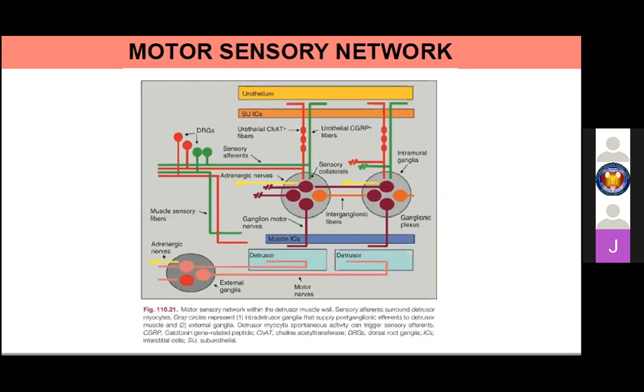The green and the red lines are the afferent signals, which get the afferent signal and transport it to the main area, the lower left part, the external ganglia, where it receives the efferent signal and sends it to the motor nerves, which is the detrusor muscle. Next, please.